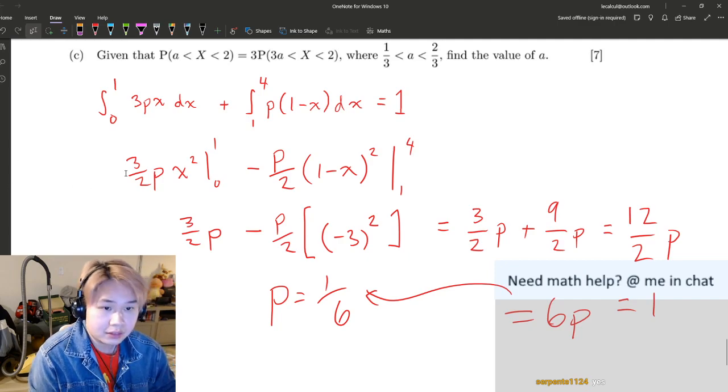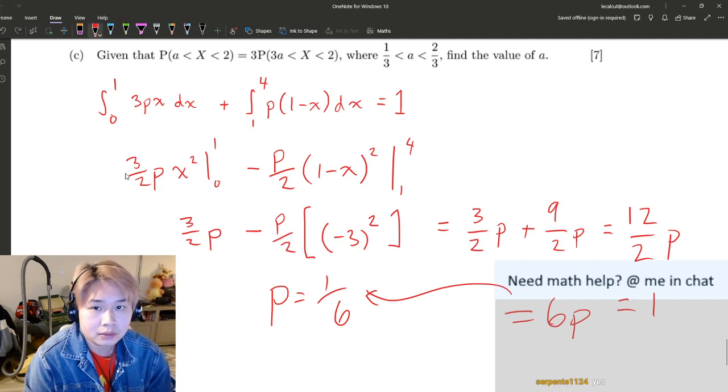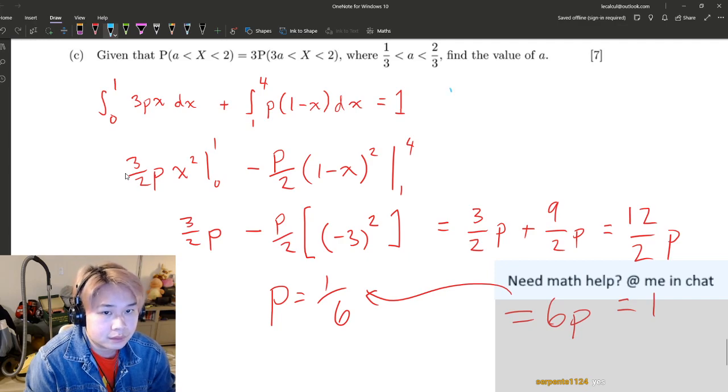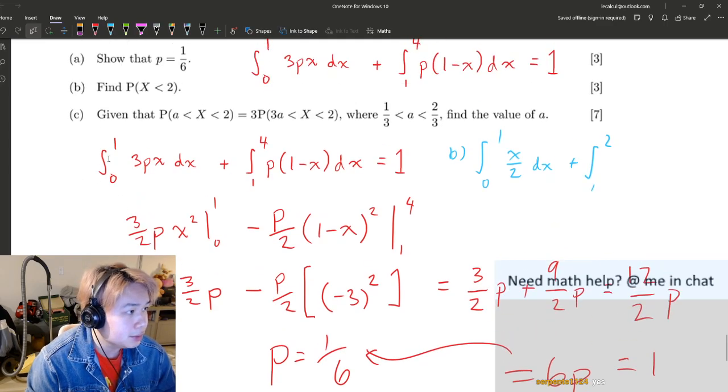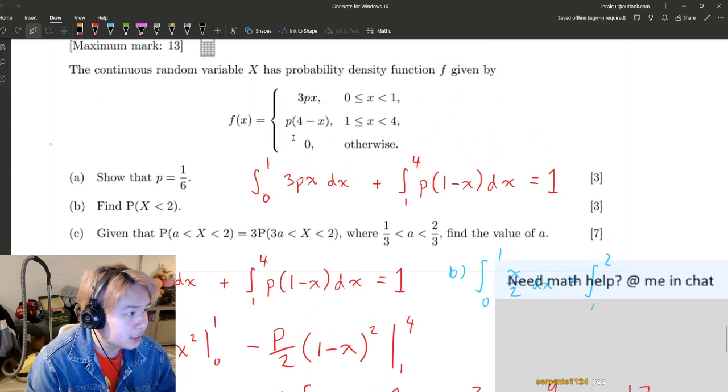So, first off, if p is 1 over 6, then 3 times p is 1/2. So I'm going to integrate this one, and then from 1 to 2 for this.